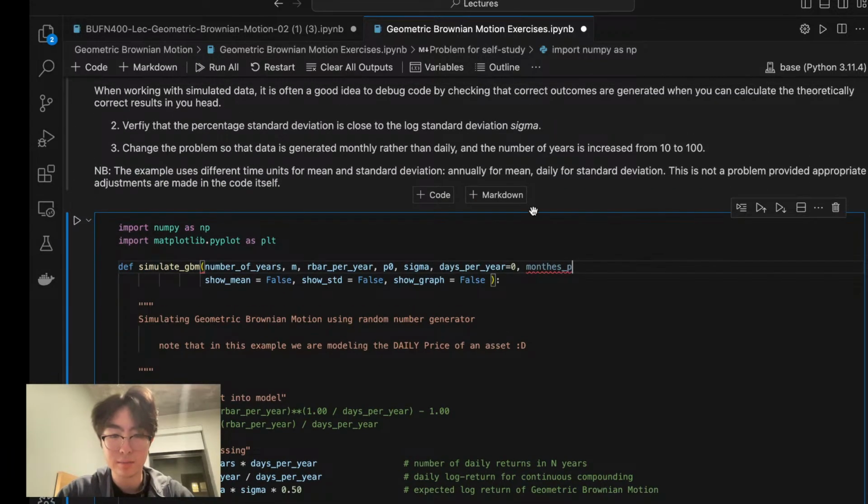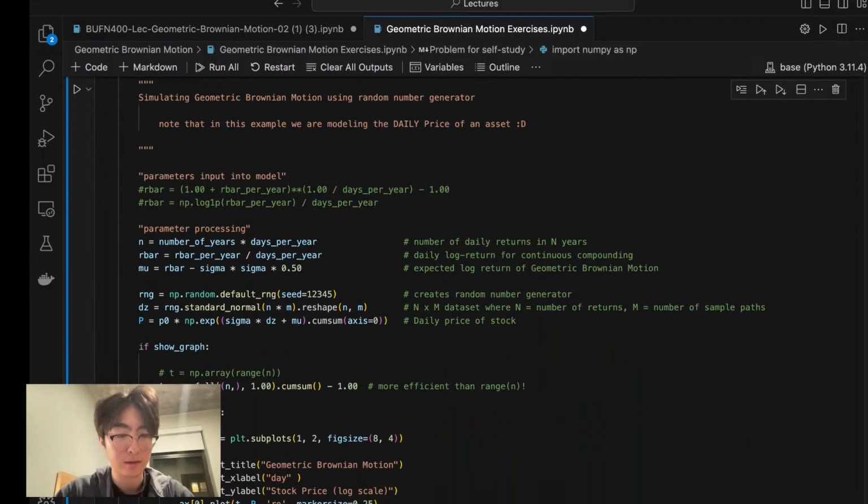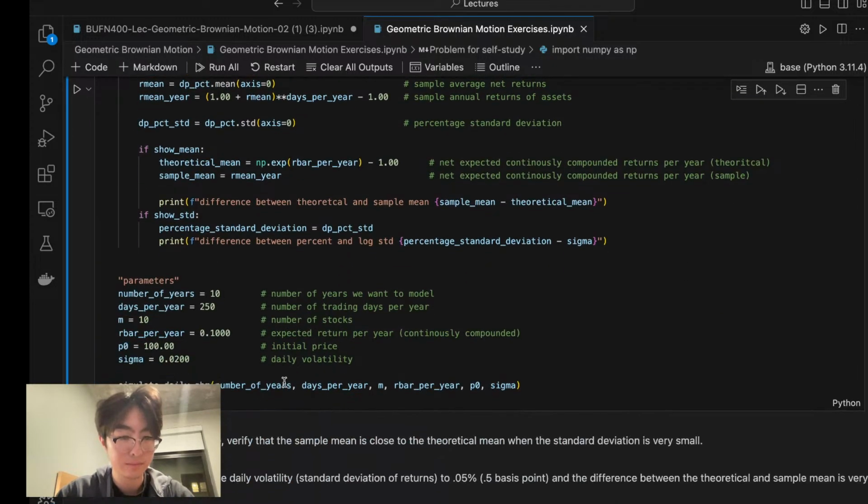Okay, I guess days per year is equal to 250. Months per year is equal to 12. Just make these defaults. Alright, okay. And yeah, we won't even need this anymore. So days per year.